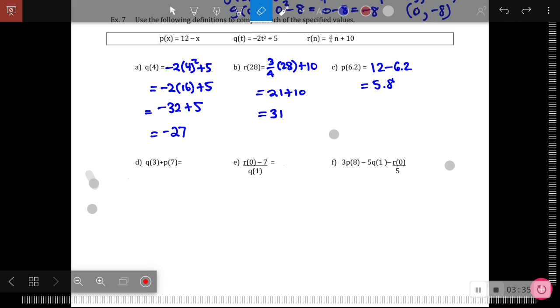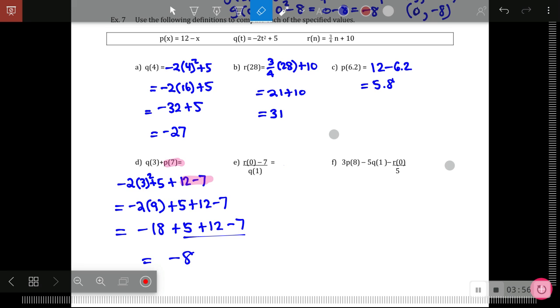All right, the first round here, you're going to do a 3 for the t in the q, and then if you look at the back half of this thing, you can see this is p of 7 there, and the other part of it is q of 3. All right, and just calculating the rest of it here gives negative 8 for your answer.